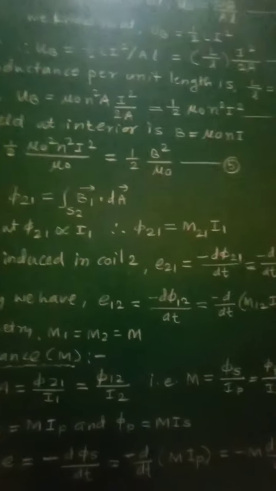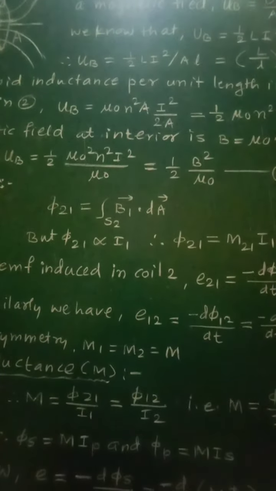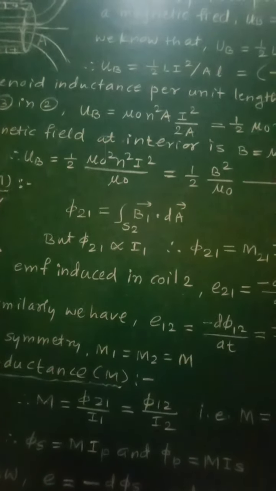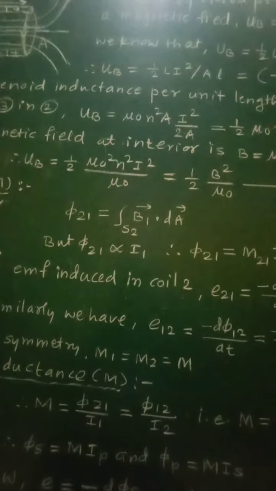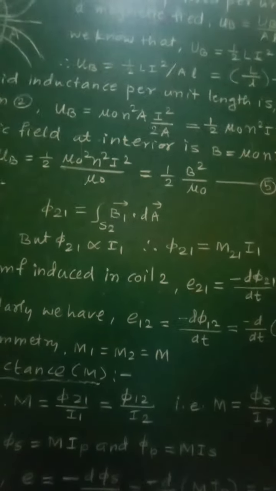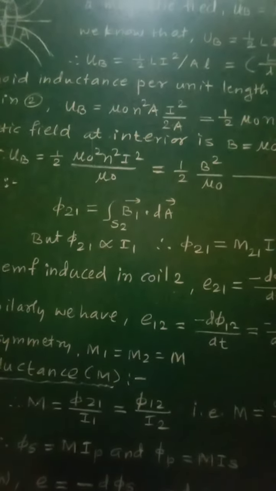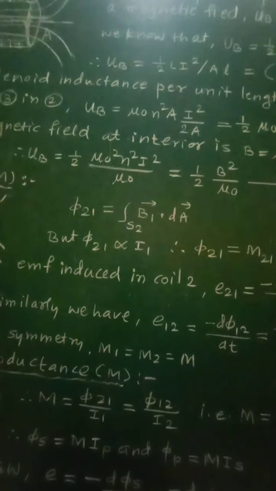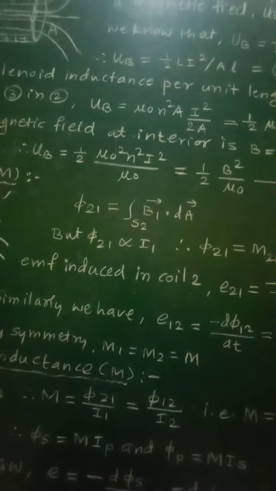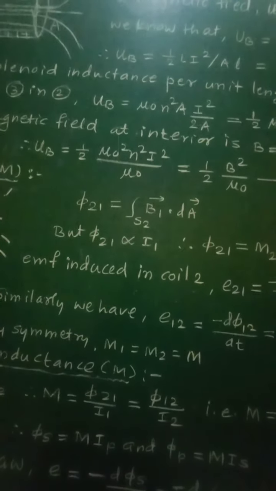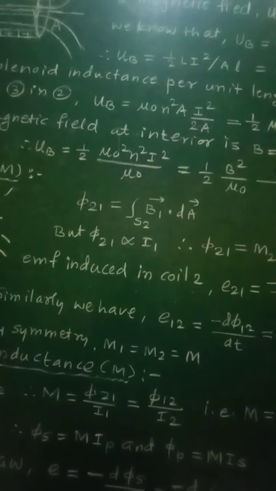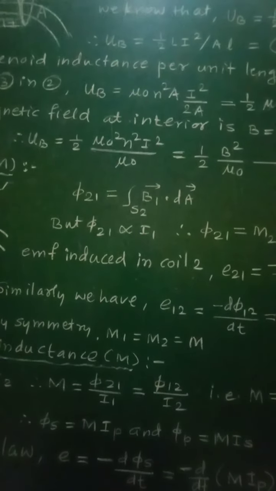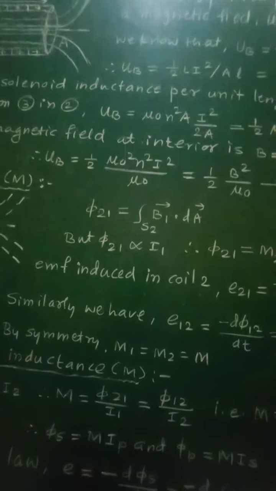M21 into I1, that relation we will get, and therefore phi 21 equals M21 into I1. This M21 represents the constant of proportionality and is called the mutual inductance, or the coefficient of mutual inductance of coil 2 with respect to coil 1.